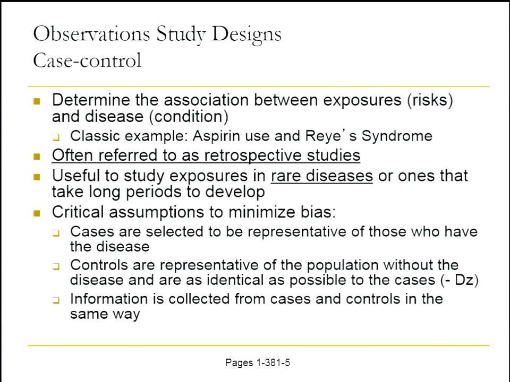The definition of these is crucial in the appropriate selection of those subjects. The other thing that's important is that the information that we collect is the same in cases and controls. That is, whether it's the same person, whether it's the same instrument that we're collecting information from, whatever, information needs to be collected in the same way.